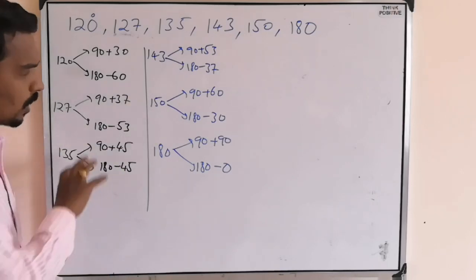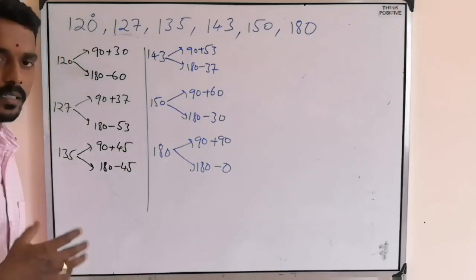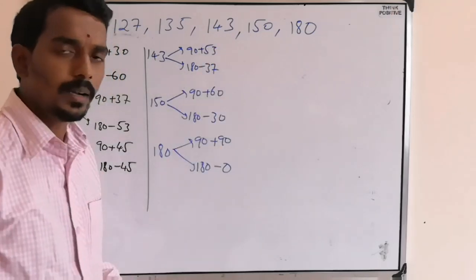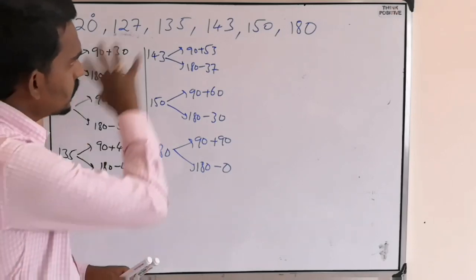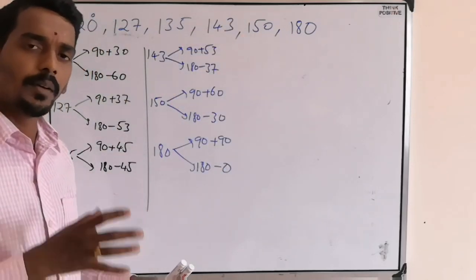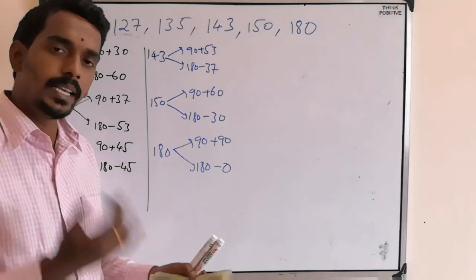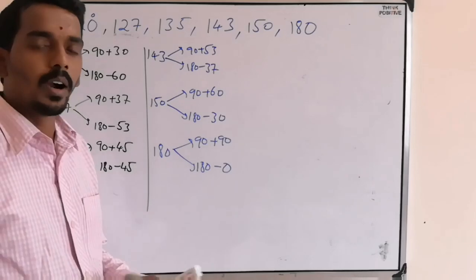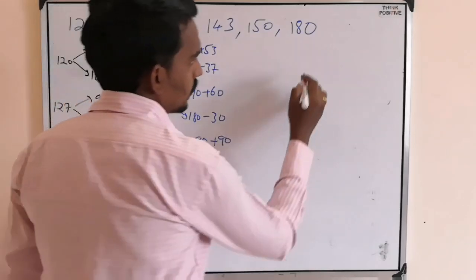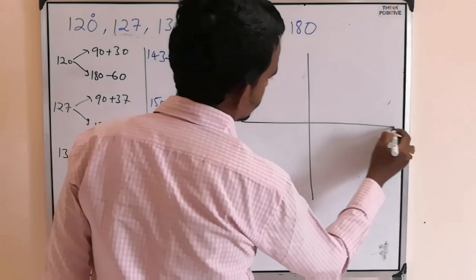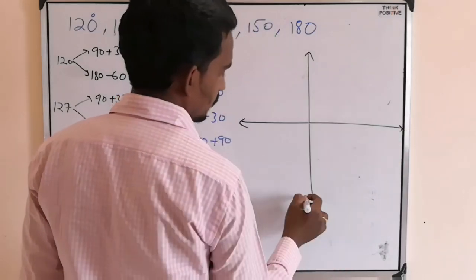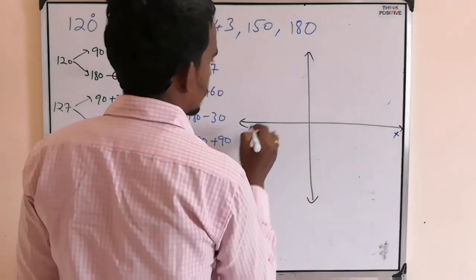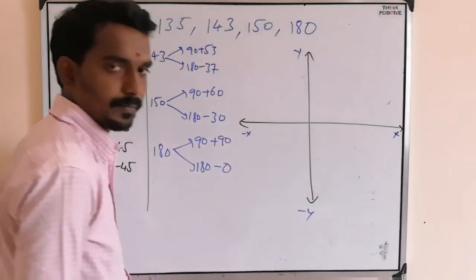Now, what is the advantage of writing it this way? We need to understand this, and only then can we find the values. The value of sine, cos or tan for anything greater than 90 you can find using the coordinate system, where this is x, minus x, y, minus y.